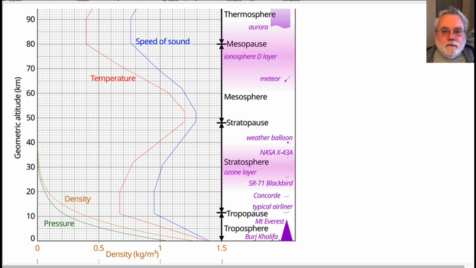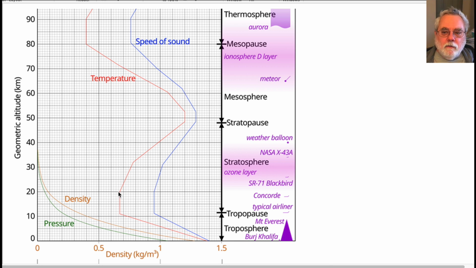This graph shows how global average temperature, pressure, and density vary with altitude in the atmosphere. The green curve is air pressure, which falls rapidly with altitude. The red curve is temperature, which generally falls with altitude in the troposphere. Thermal inversion in cold Antarctica is a small exception not shown here.